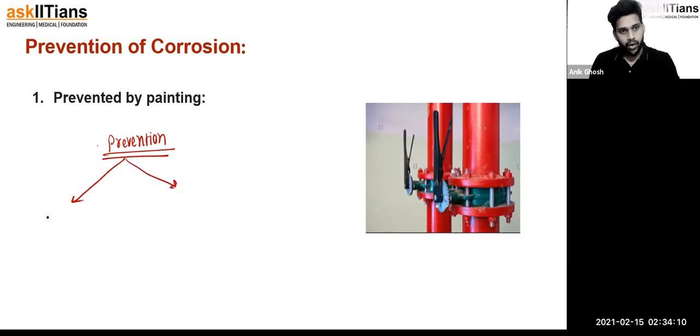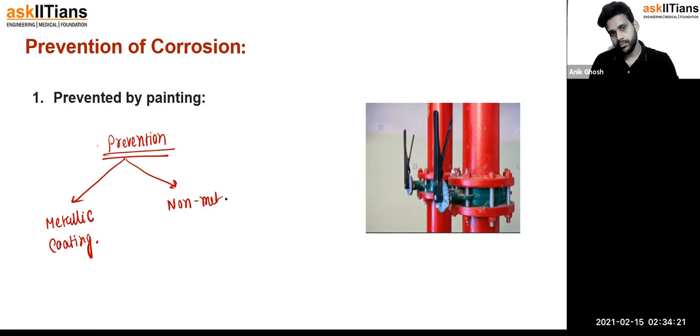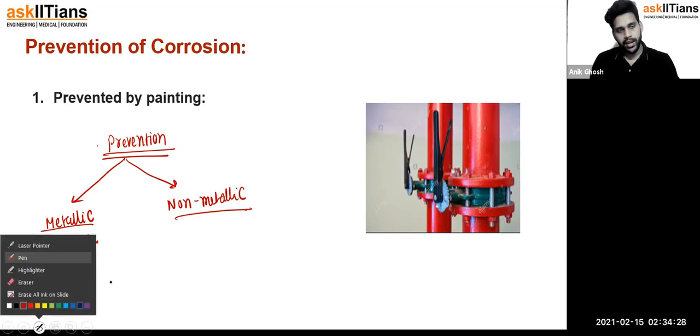One is metallic coating, another one is non-metallic coating. Now understand about them.